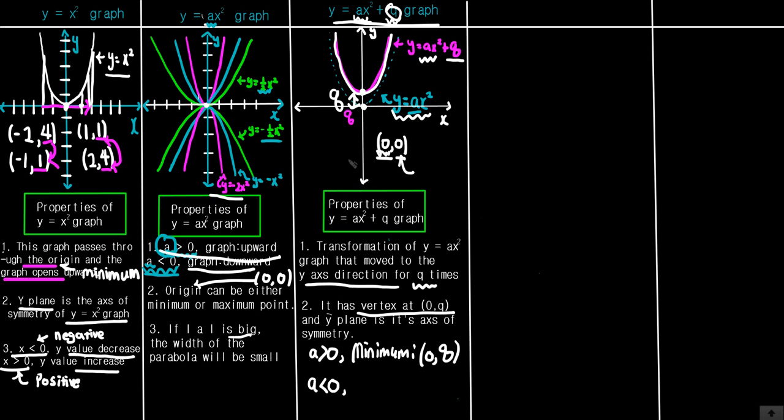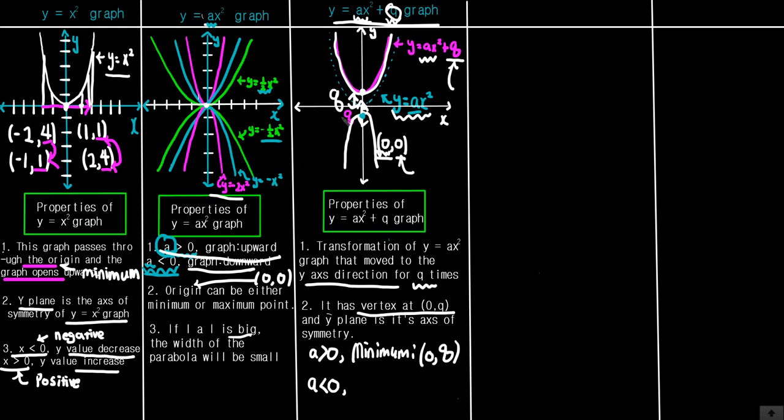So if you transform this downward, it will look something like this, an approximate shape. But we have moved it q times, and it can also be upward. It depends on the value of q. And for this term right over here, the only maximum point exists as it keeps going down.